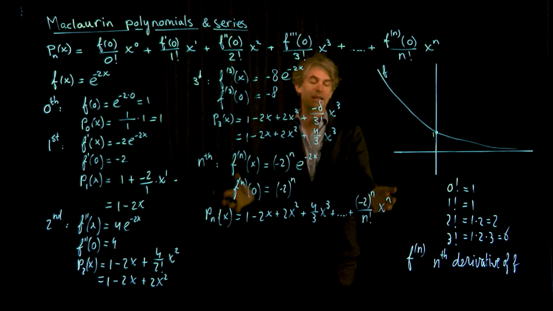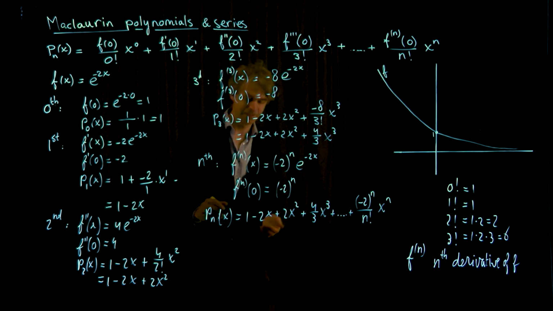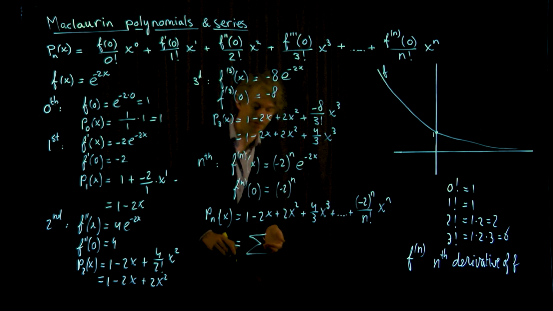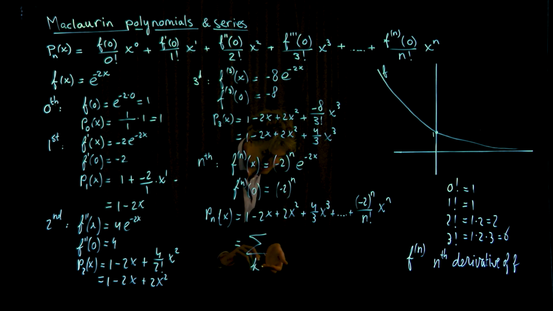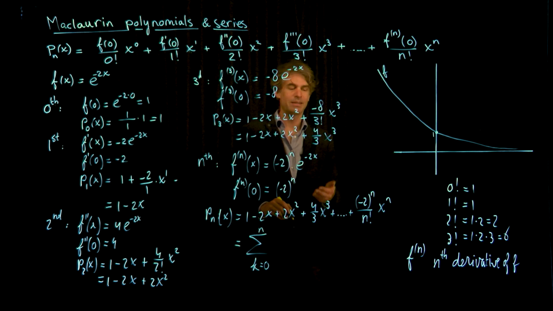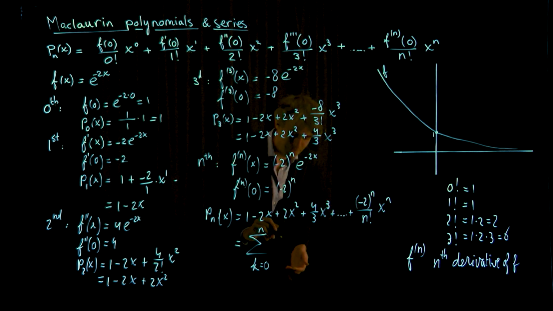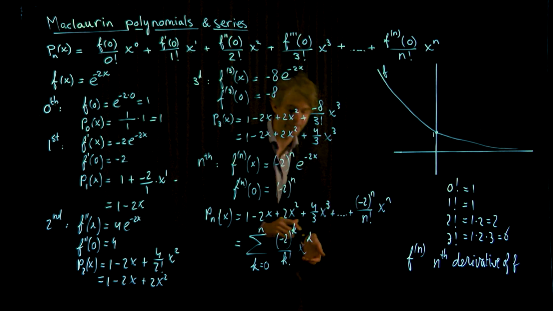So you have some sort of general expression, and you could even write it as a sum, and now it's good to show you this notation. What is it actually that you're doing? A more formal notation is that you run an extra variable, k, from 0 up to n, and actually each time what you get is this minus 2 to the power k divided by k factorial times x to the power of k.